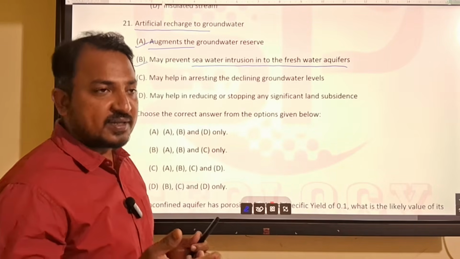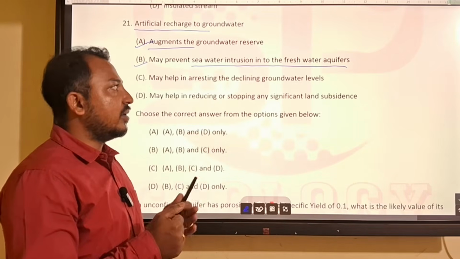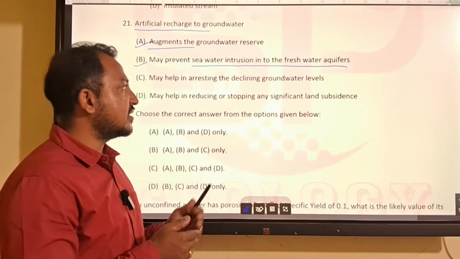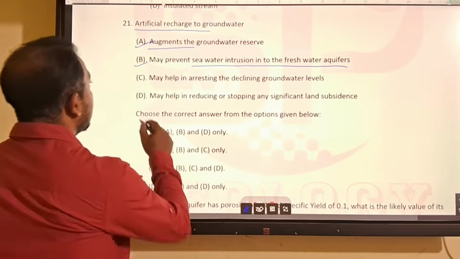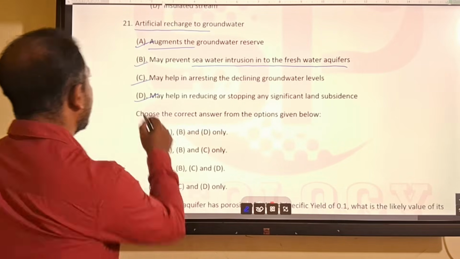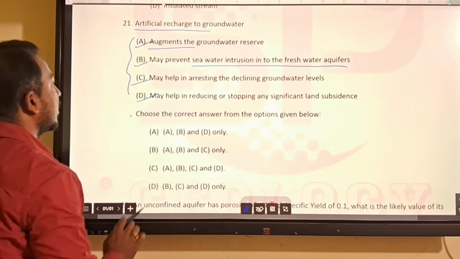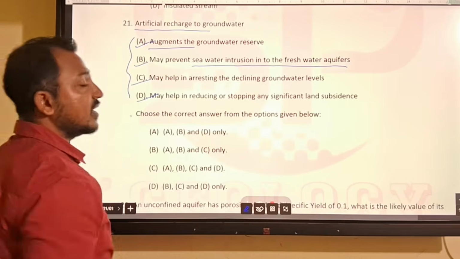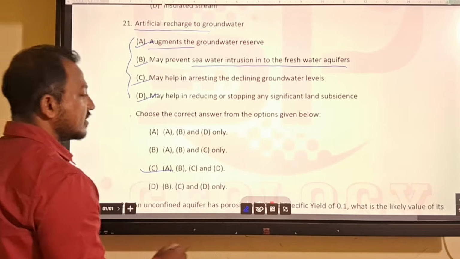If the water is present, there will be no shrinkage of the pore spaces. So that also helps in reducing or stopping any significant land subsidence. So all the options are correct when we do artificial recharge. So the answer will be A, B, C, D.